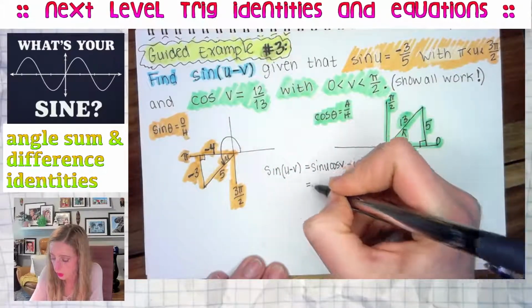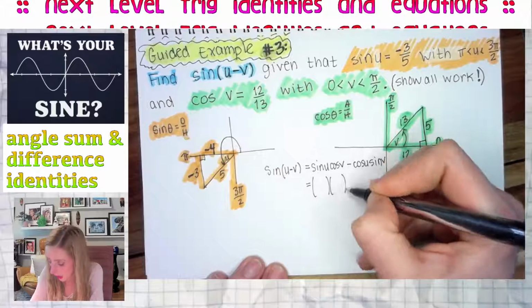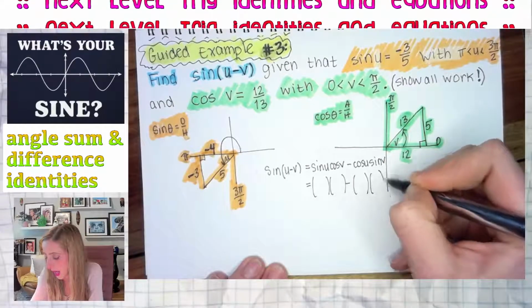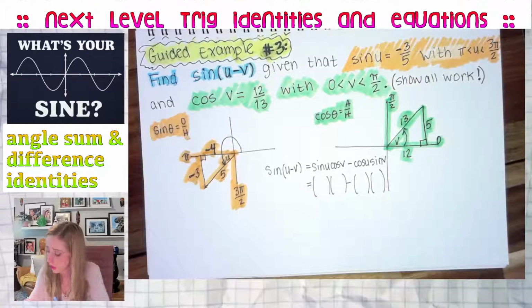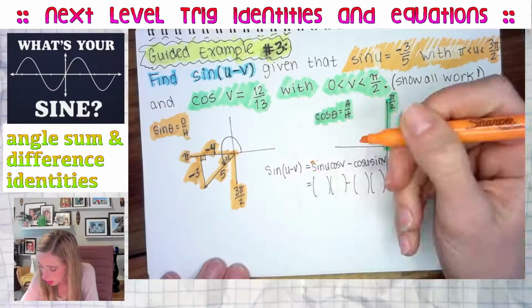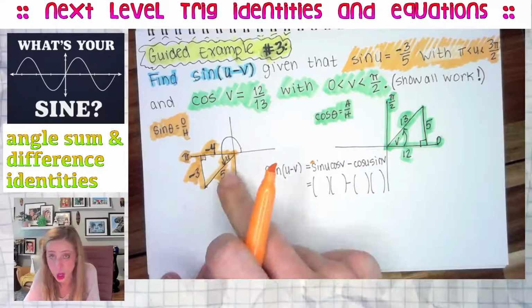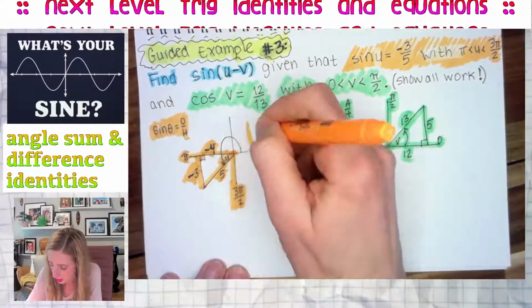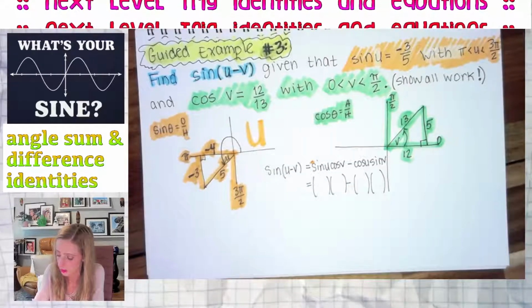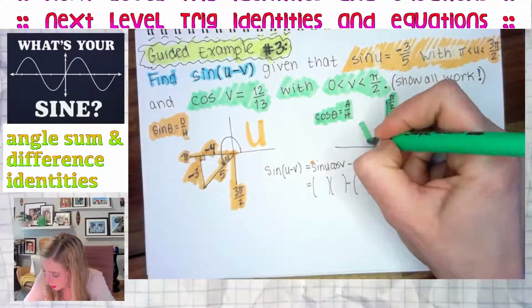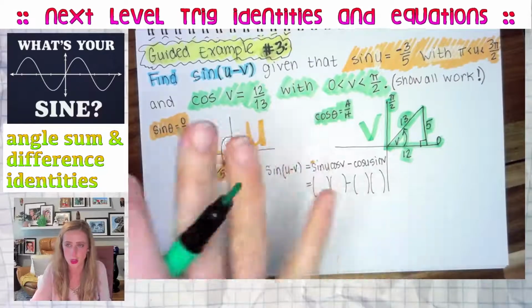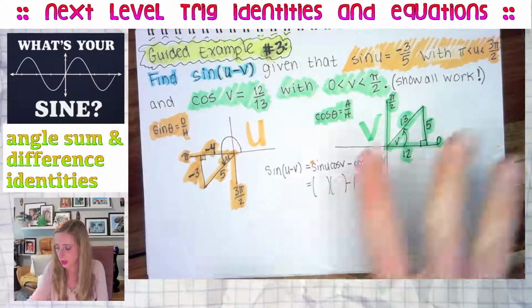This is what I'm looking for. I have to get this all from my pictures. Okay? Everything involved with U, let's do this. Angle U is over here. And everything involved with V, angle V, it's not in that quadrant. I just drew it on that picture, and on this picture.